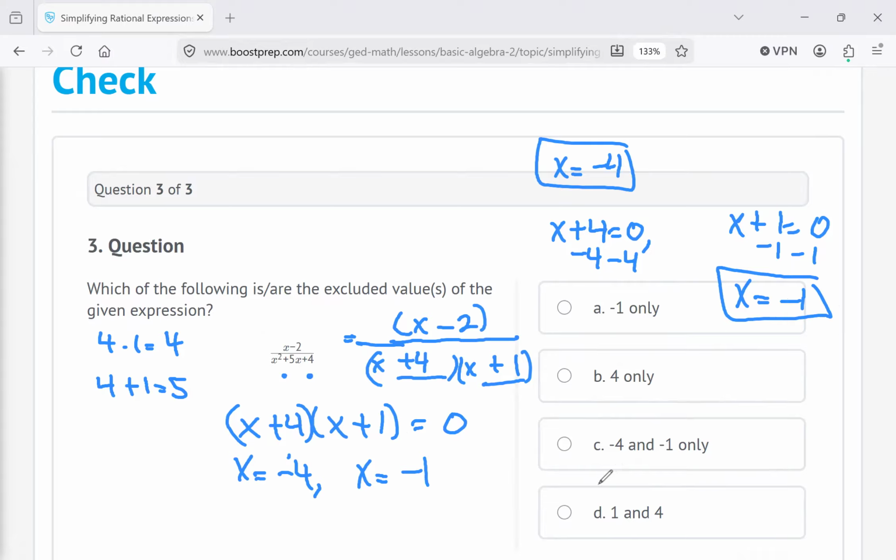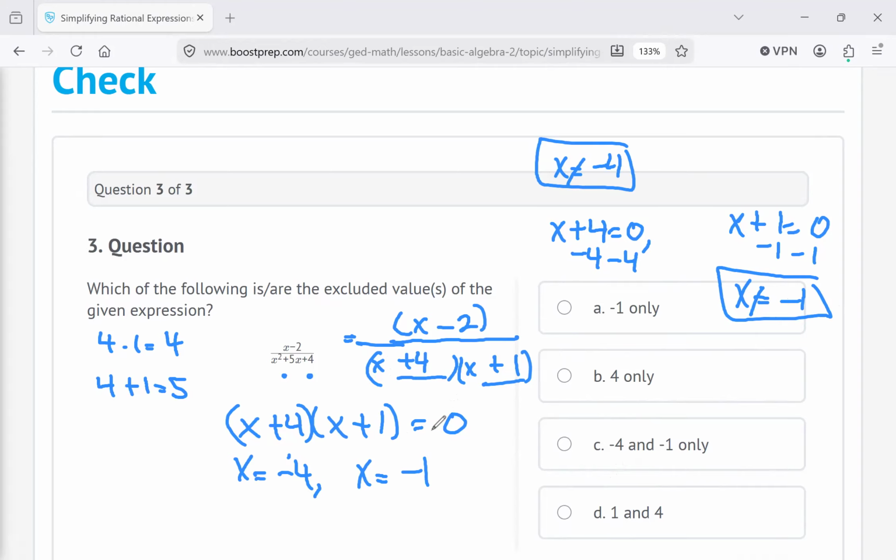So what this means is x can never be -4 and x can never equal -1. If you plug that back into the rational expression, it'll make the bottom zero and it will be undefined.